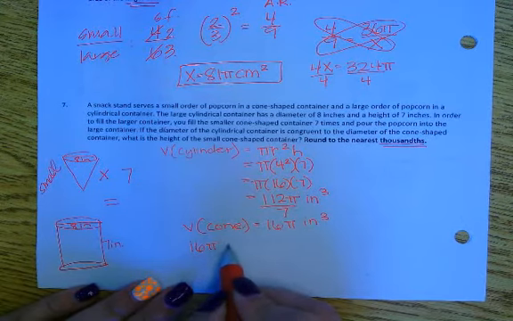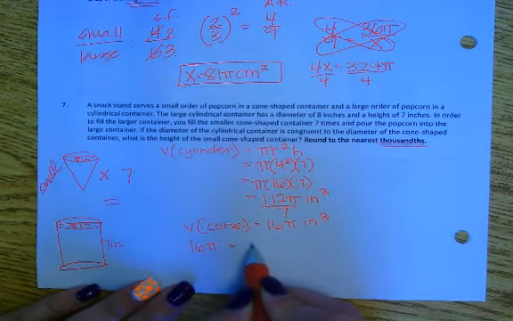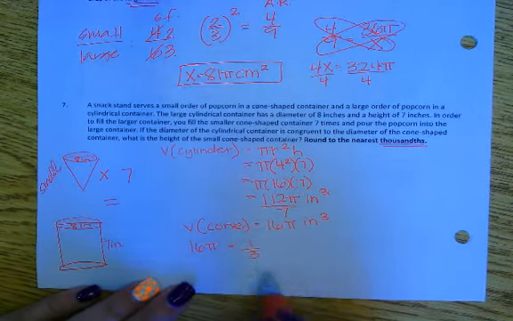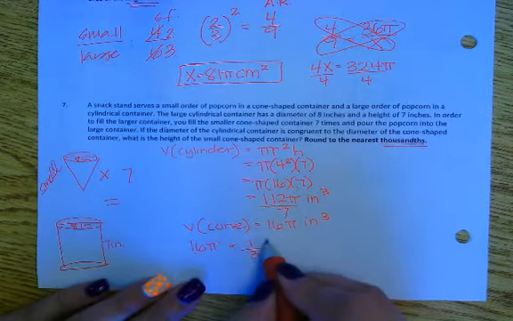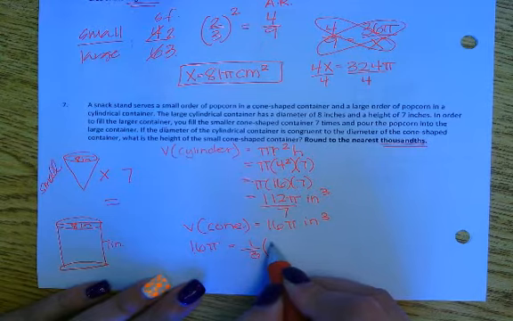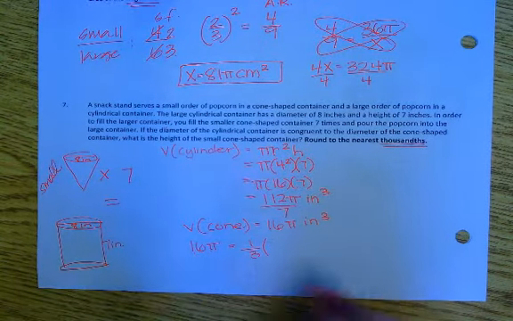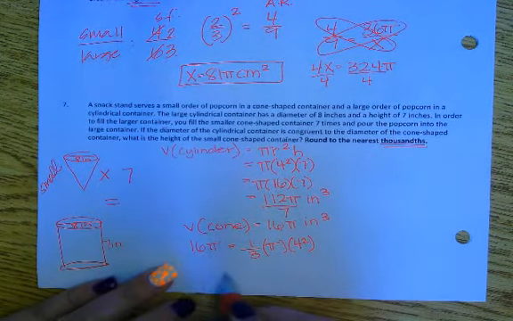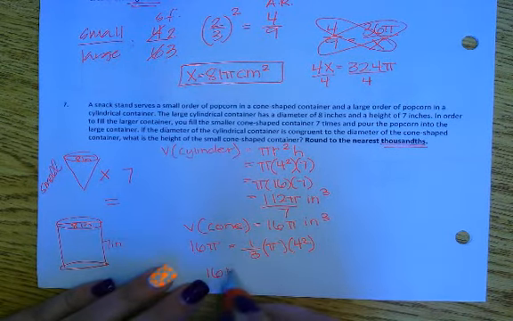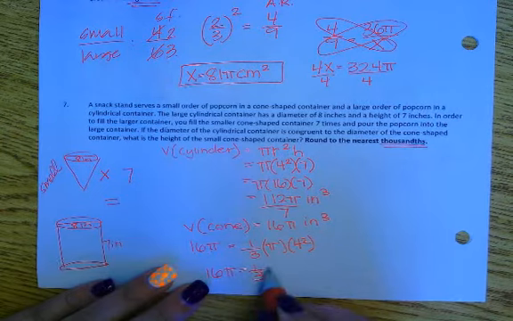Okay, pi r squared is going to be what? 4. Pi 4 squared, which is what? 16 pi. Okay, so you have 16 pi equals 1/3 of 16 pi. Oh, don't forget your h.